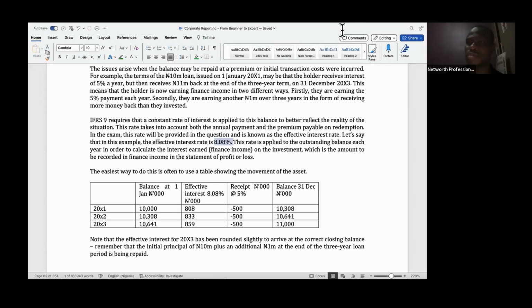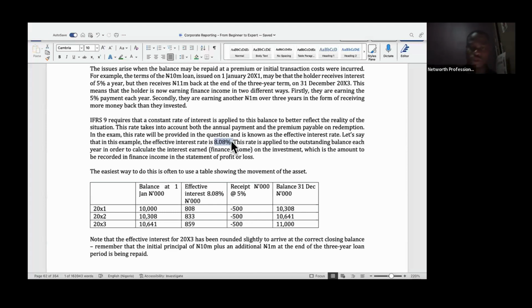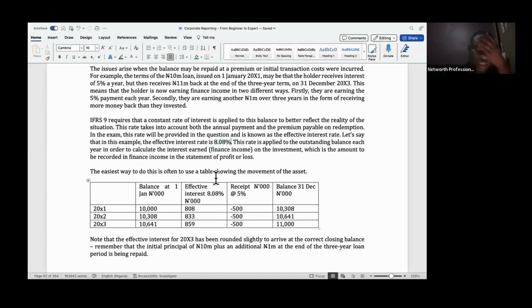Hello, can you hear me? I want to sort something, but I need you to help me confirm this, because I would expect that the addition of this 808, 833, 859 should give us 2.5. Can we confirm it? Since the income we are earning over the 3 years is 2.5.